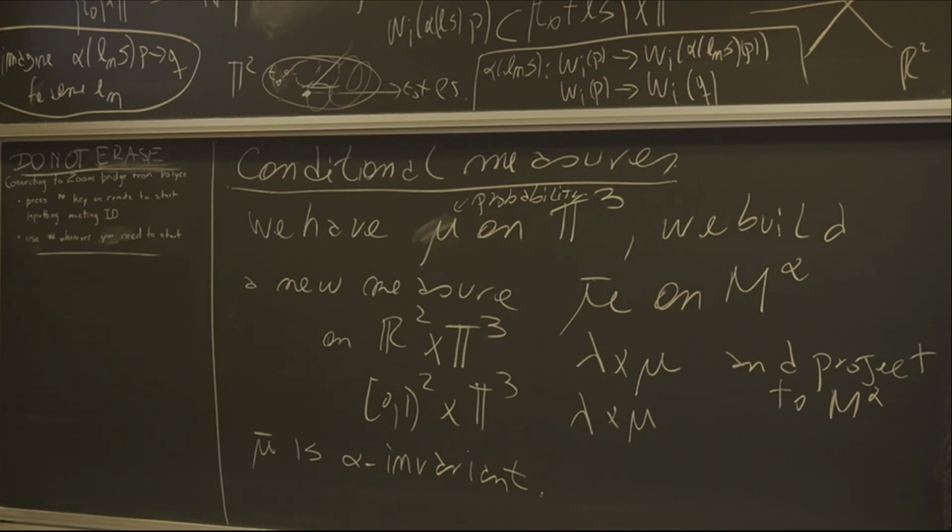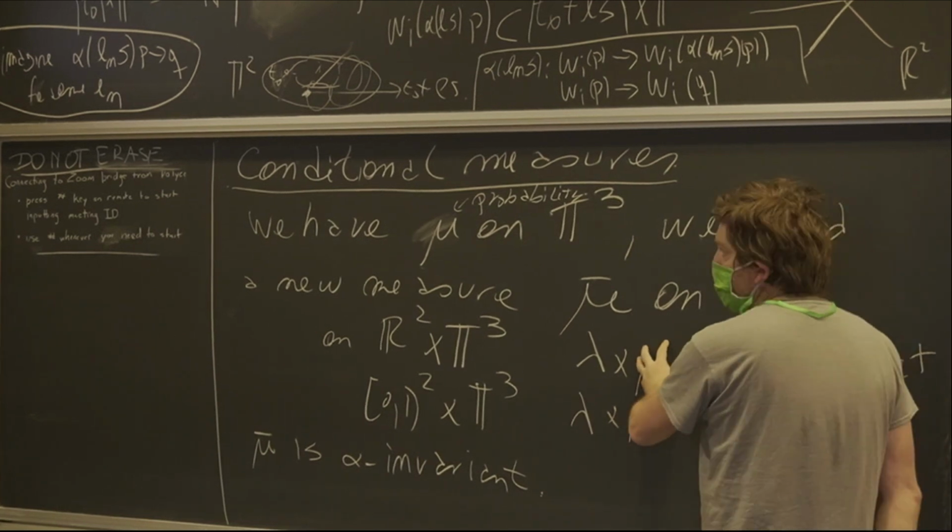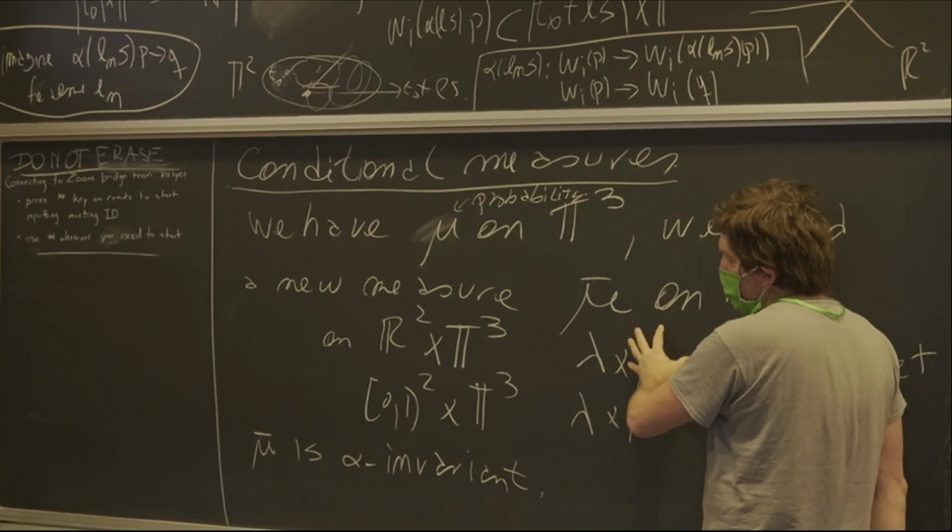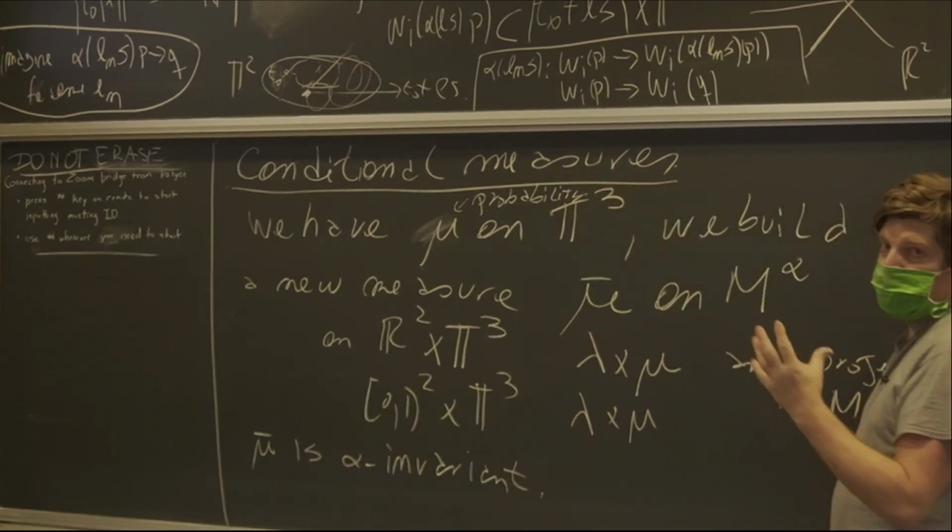And have in mind, if you want examples of what we are talking about, mu could have been Lebesgue on the torus T3. So this is Lebesgue on this M alpha, and everything is invariant.